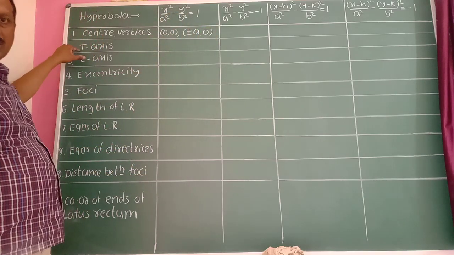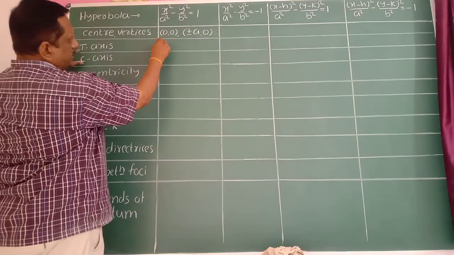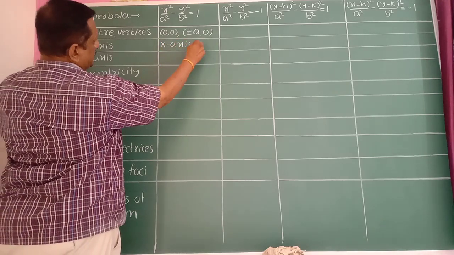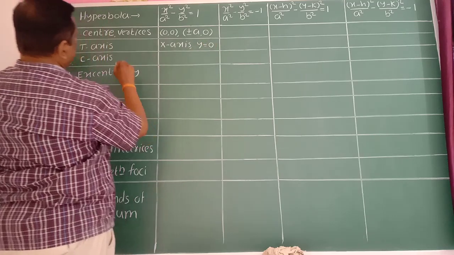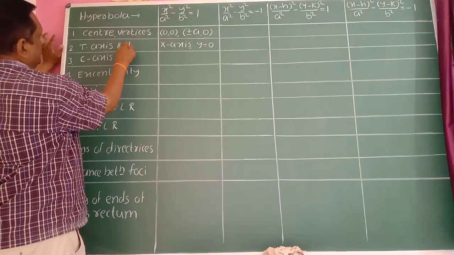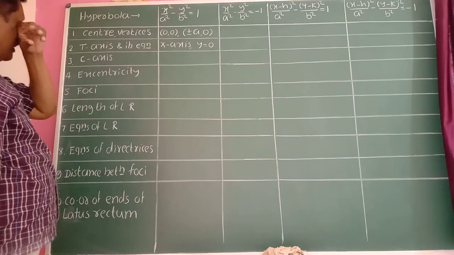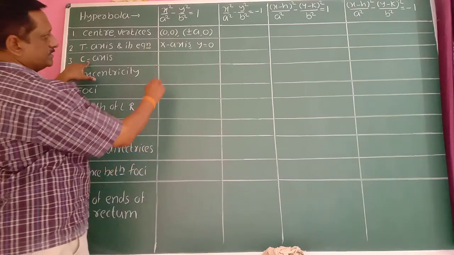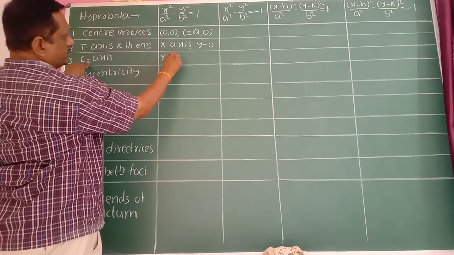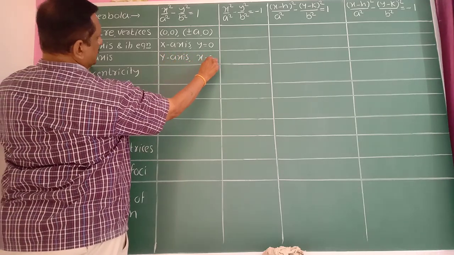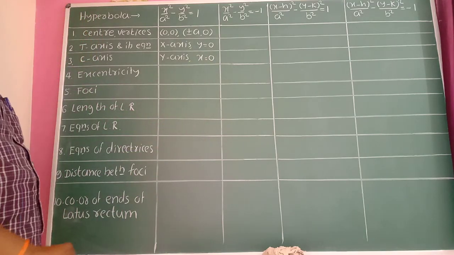The transverse axis here is the x axis, and its equation is y is equal to 0. The conjugate axis is the y axis, and its equation is x is equal to 0.